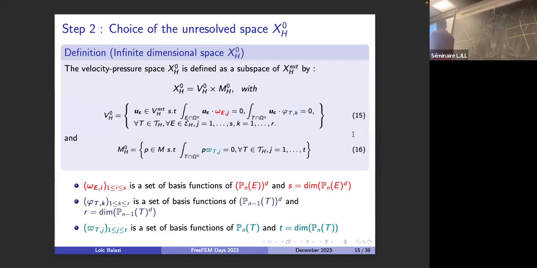And for the pressure, we consider the pressure in L2, but now we control the moment of the pressure in the element with polynomials of order n. And the polynomial, P and bar P, I will call this the wave in the future.